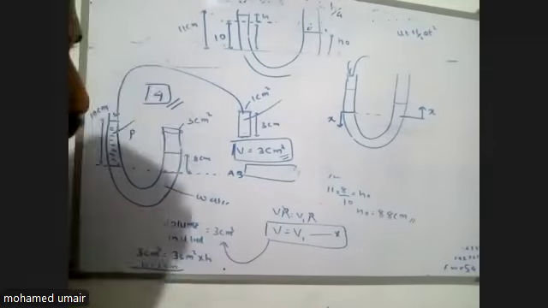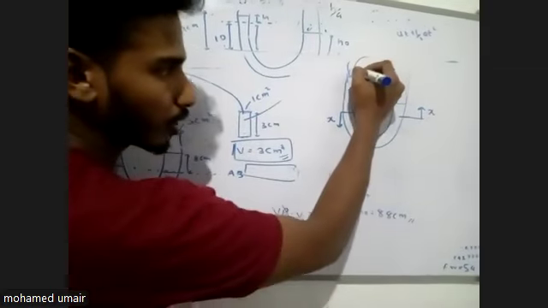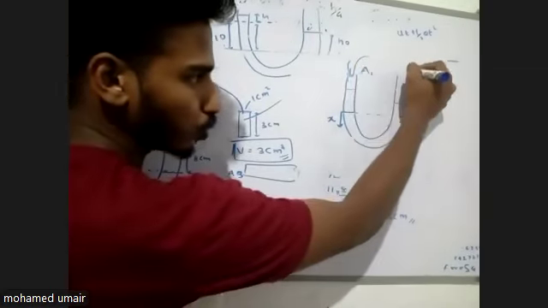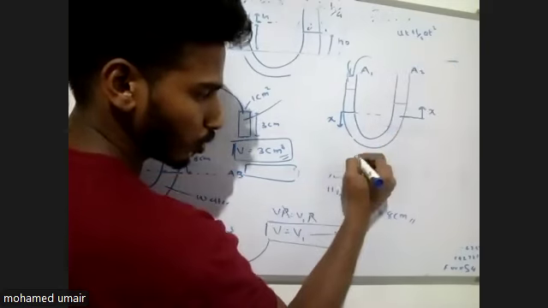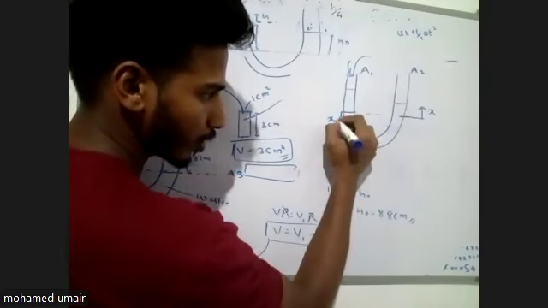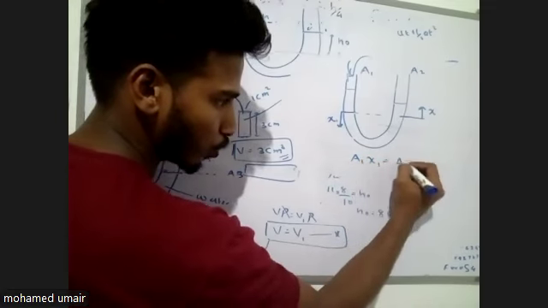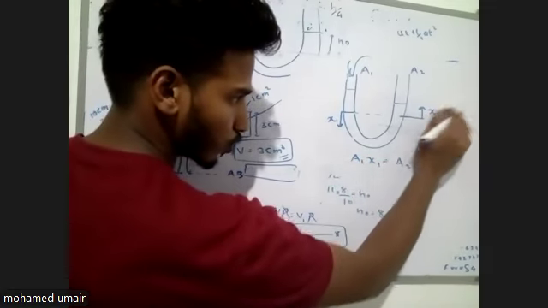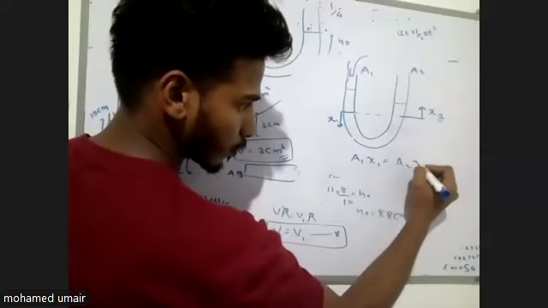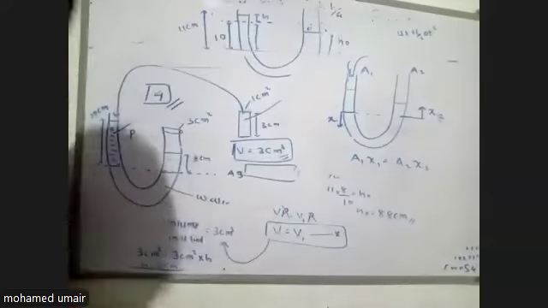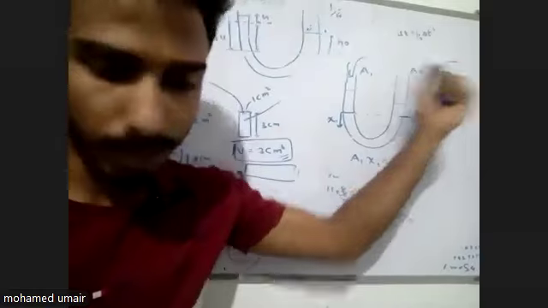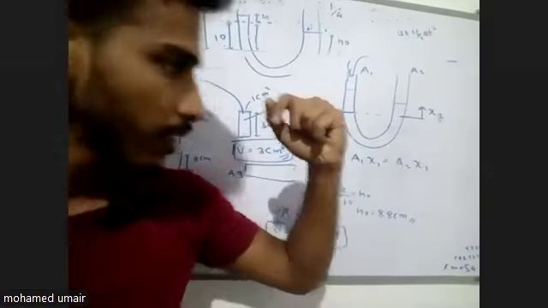Or else what you have to do is, if it was A1, A2, you have to use A1 X1 equal to A2 X2. Using this, you have to find the height of the other one. Okay.